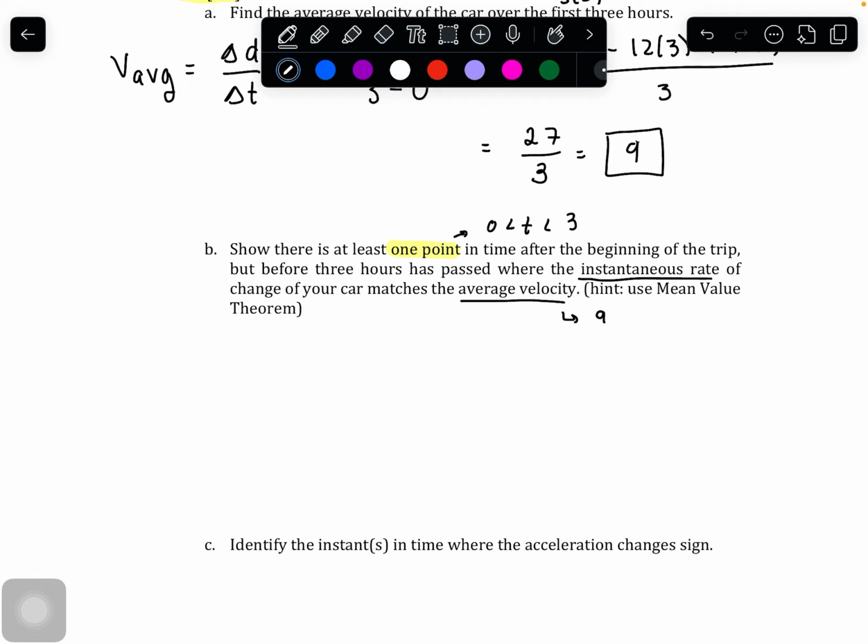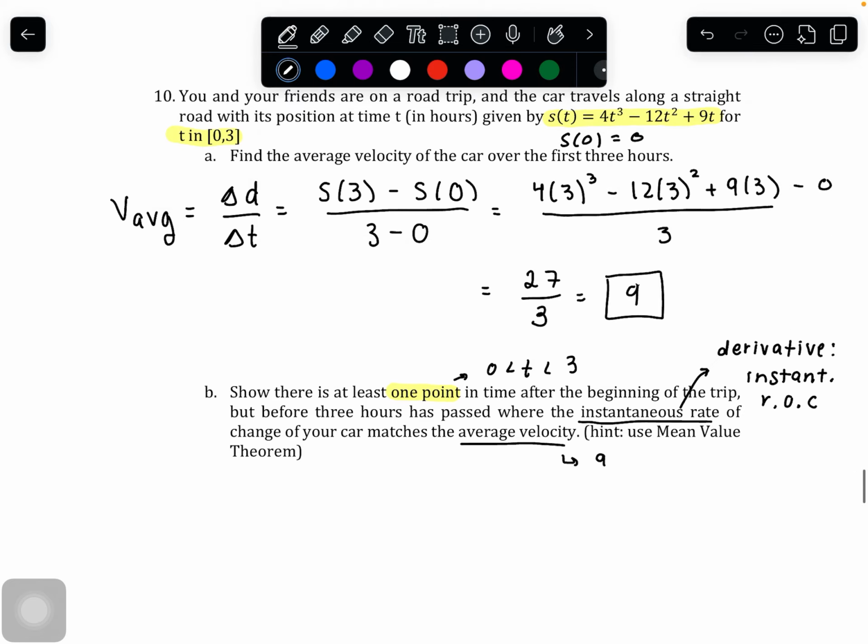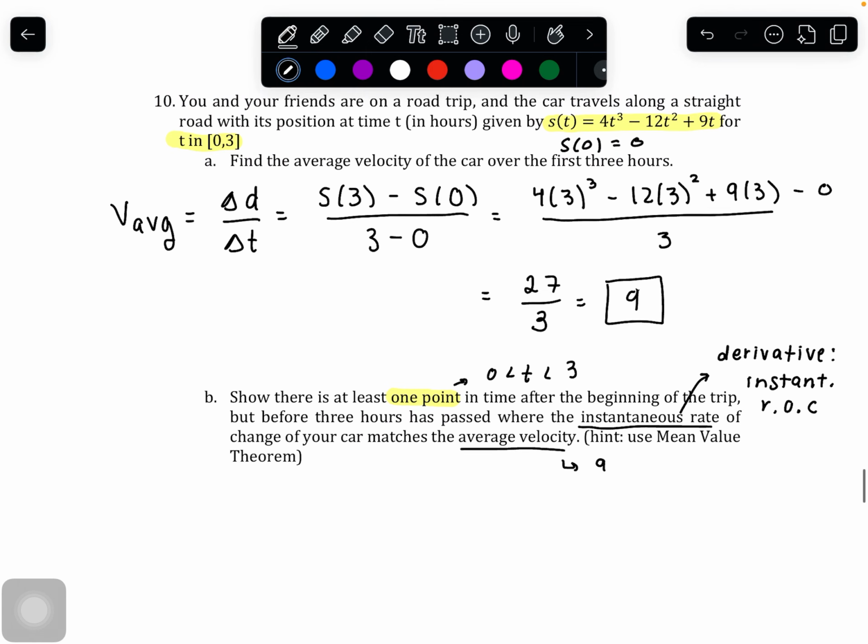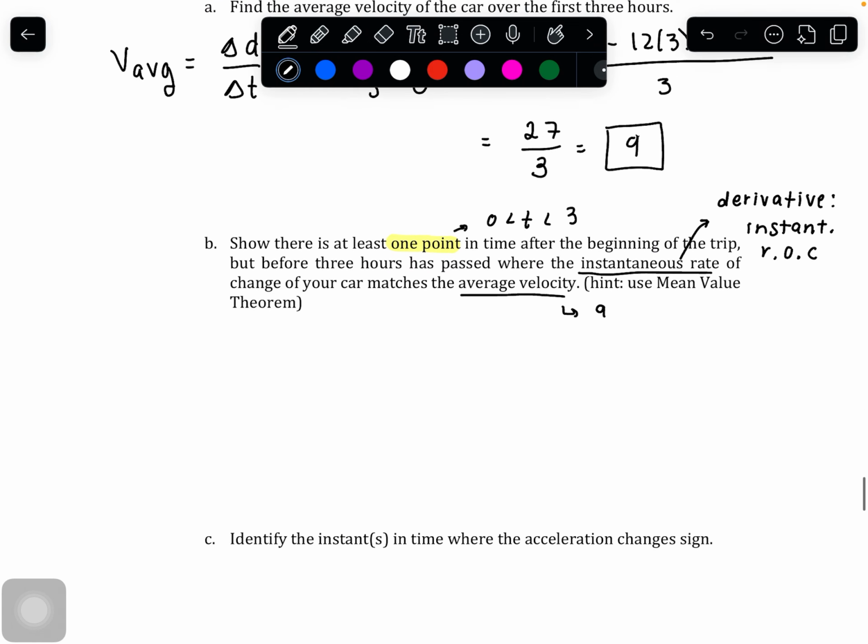Well, instantaneous tells me it probably has something to do with the derivative, right? Because the derivative is the instantaneous rate of change. So we need to find the derivative of this position function, because the derivative of position is velocity.